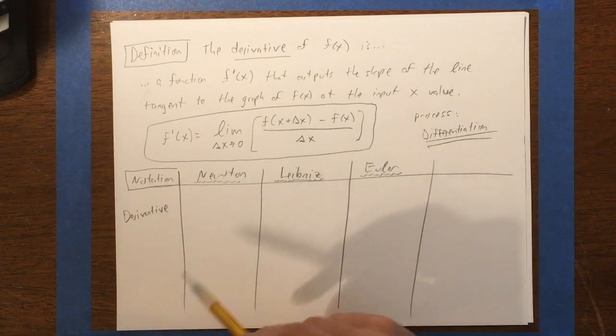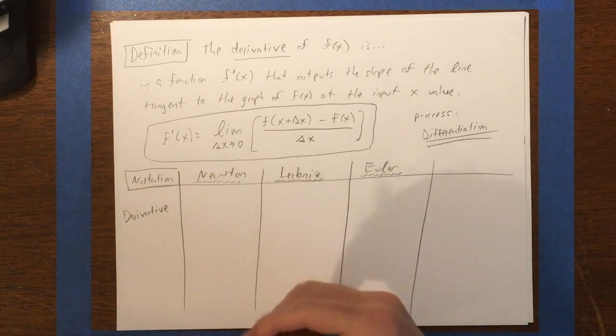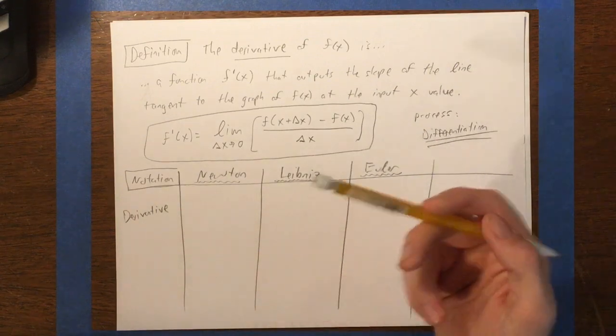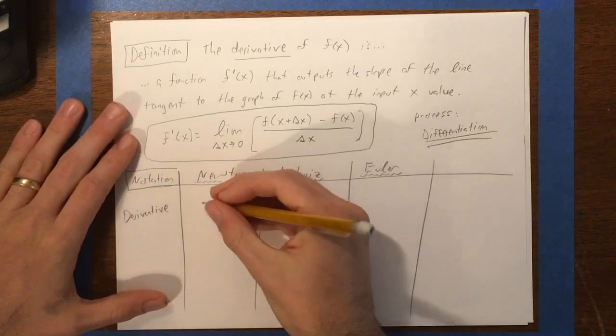There was a debate about who invented calculus, who did it first, and historians have settled on the conclusion that they did it independently of one another at about the same time. So they both get credit, but they came up with different notations.